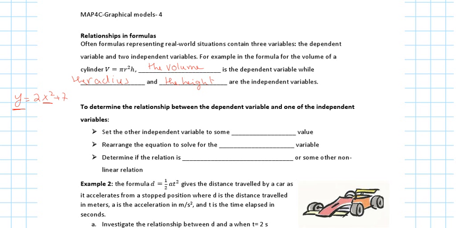That's way too many variables. So you have to set one of the h or the radius as constant. I want to look at the volume of cylinders with a radius of 10, and then you can change your height. Or you look at the volume of cylinders with a height of 10, and you can change the radius, and you can compare them. So you always have to set one of the independent variables to some constant value. We're going to look at an example.